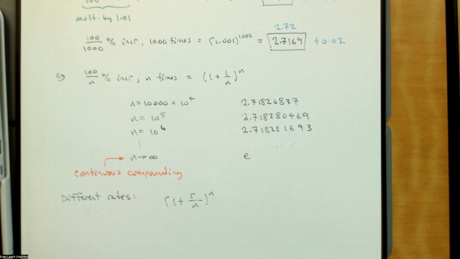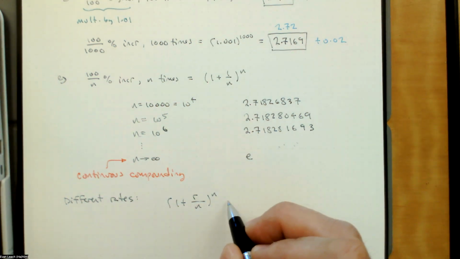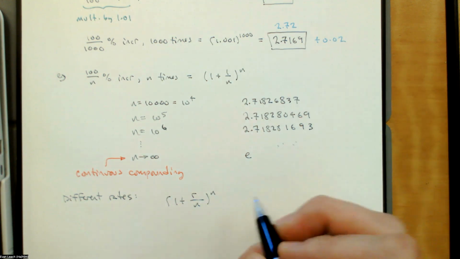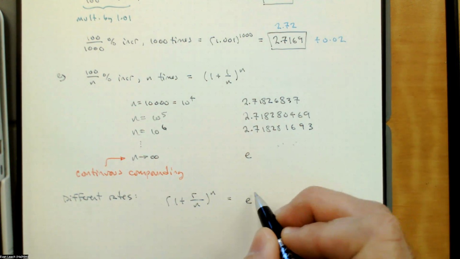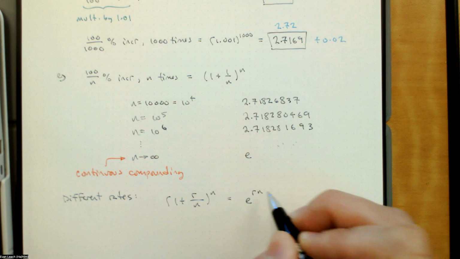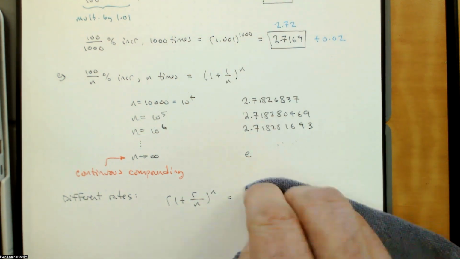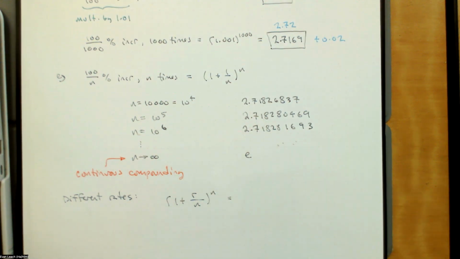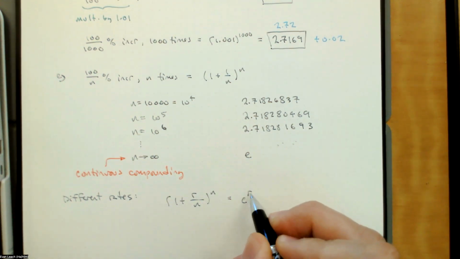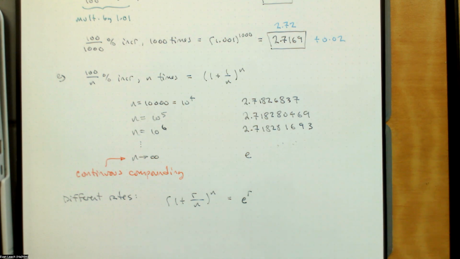So if we have a different rate, that'll just show up as the numerator. Oops. And go. So our multiplier would just be e to the r.